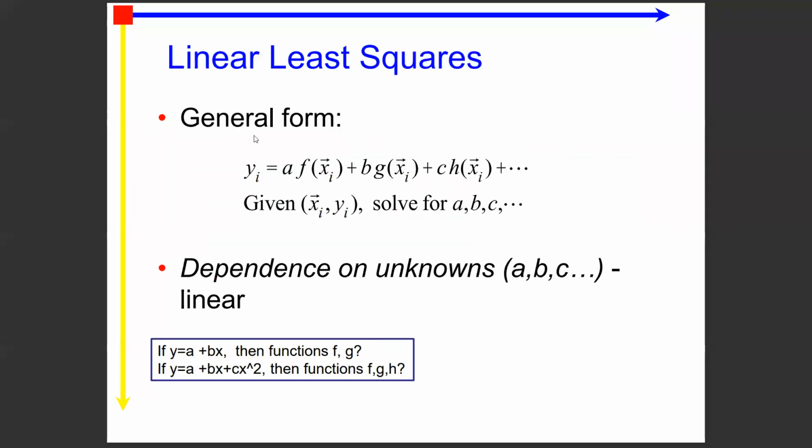So the general form for such least squares fitting, or least squares solution, is this one here, in terms of these basis functions. This is how we mathematically and generally express such a problem. So we have a f of x plus b g of x plus c h of x.